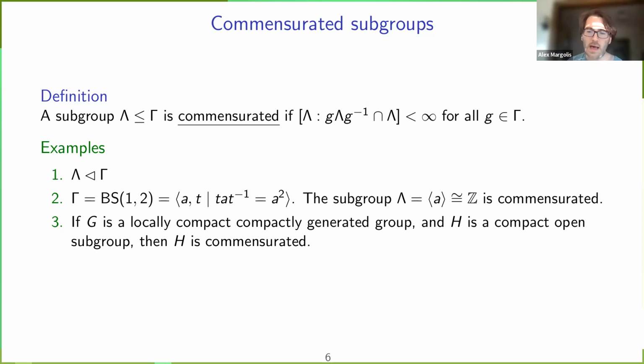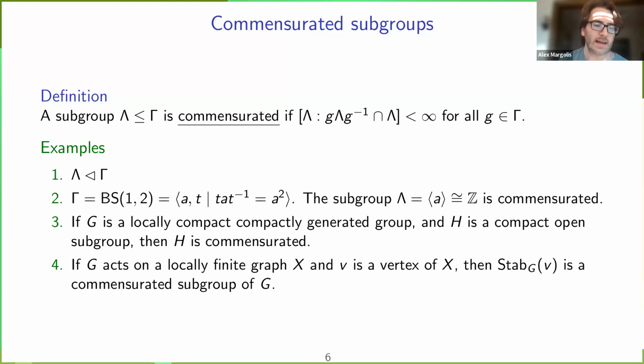You play the compact and the open properties against each other and you cover cosets of H. You show that every conjugate of H is covered by finitely many cosets of H, and that gives you that H is commensurated.